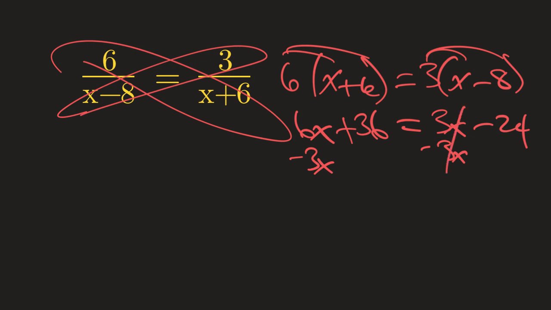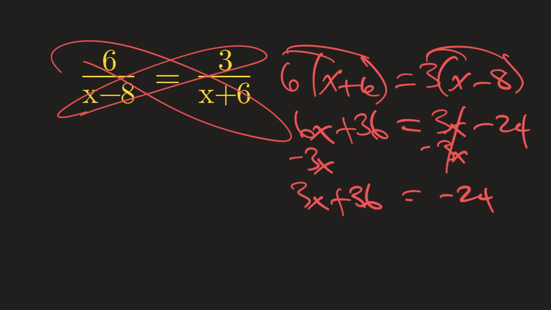3x minus 3x, gone from the right side. All you have left is negative 24. On the left side, 6x minus 3x, 3x, plus 36. Get those variables to one side or the other, okay?